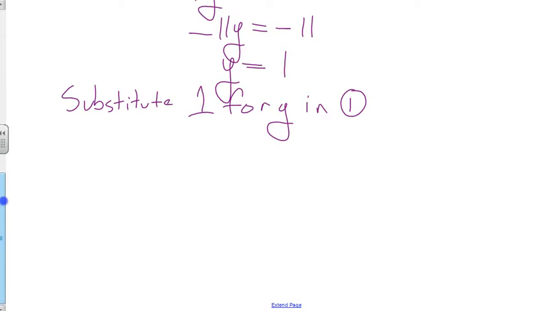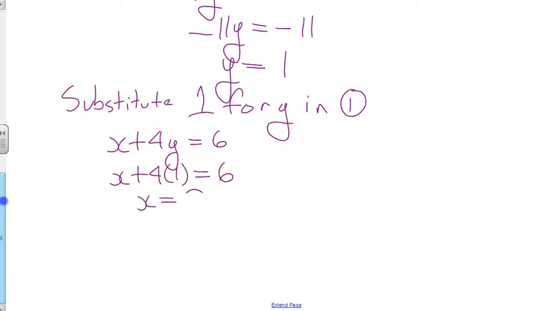So equation 1 was x plus 4y equals 6. So it becomes x plus 4 times 1 equals 6, which is x equals 2, and the solution is the point 2, 1.